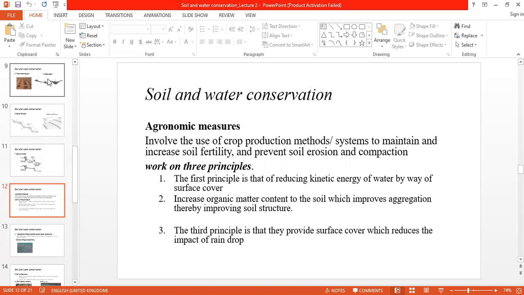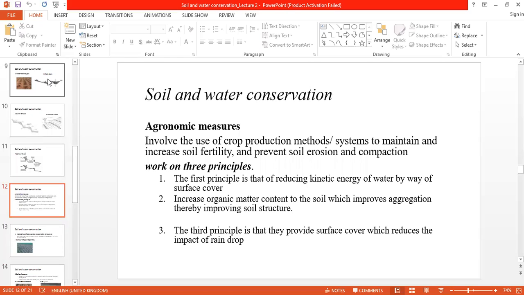As the term speaks for itself, agronomic measures involve using crop production systems or methods that are going to prevent soil erosion and compaction. They work on three principles.